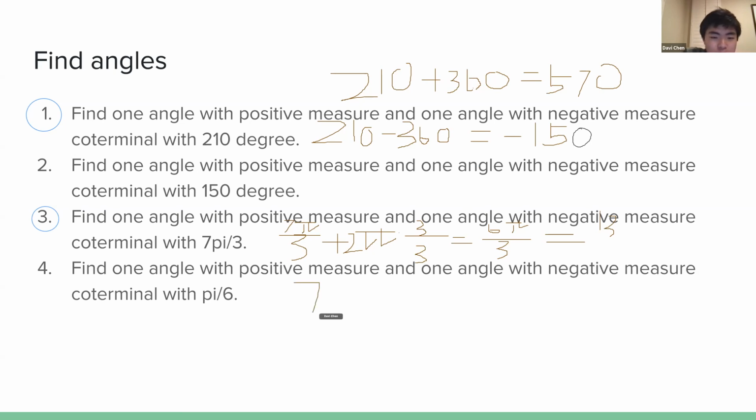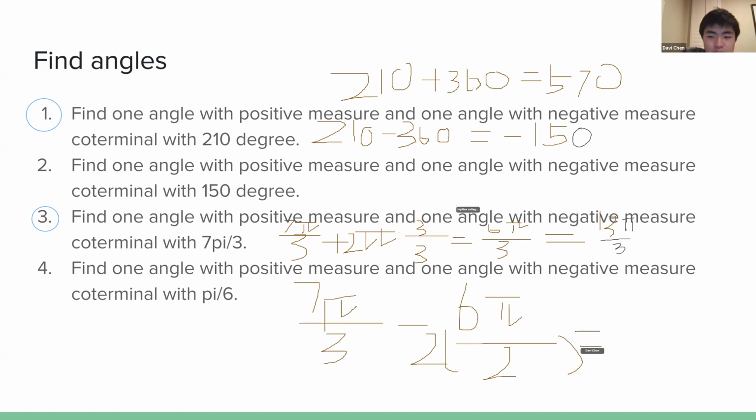So 7 pi over 3 subtract 6 pi over 3 two times, you will get negative 5 pi over 3. Okay, here you go. Cool.